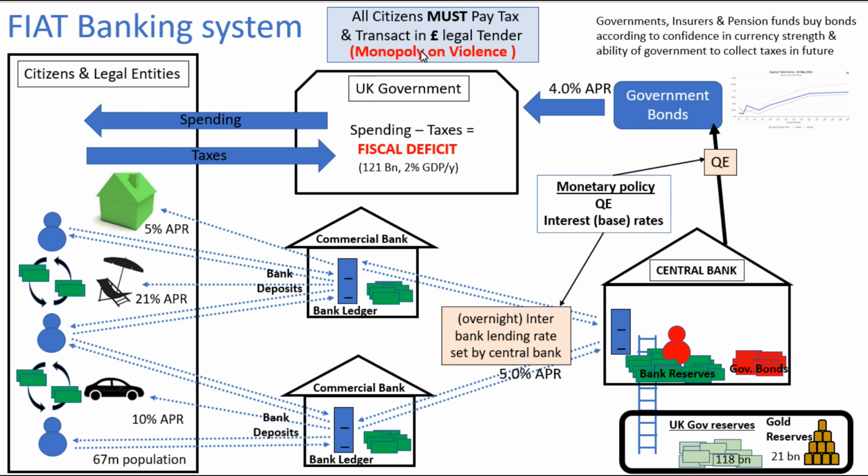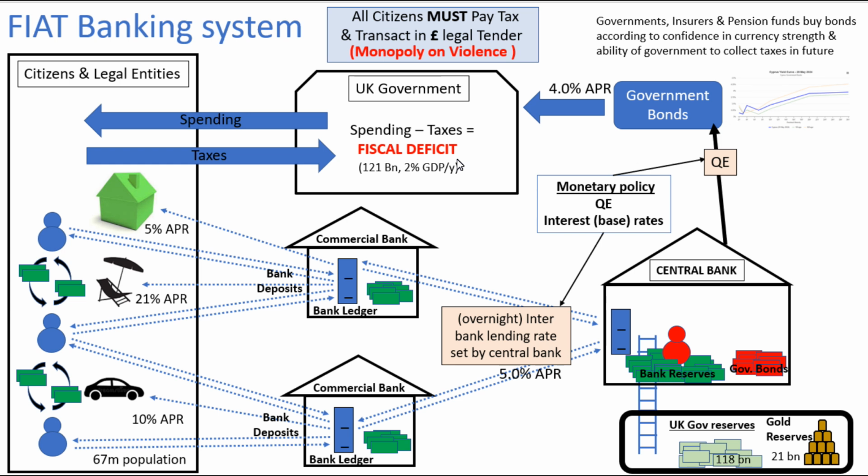Only the government's allowed to use force to make you pay taxes and transact in legal tender. So everyone in that country has to use the pound sterling or the legal tender in that country. Now, the government always spends more money than it collects in taxes, so we have a fiscal deficit.